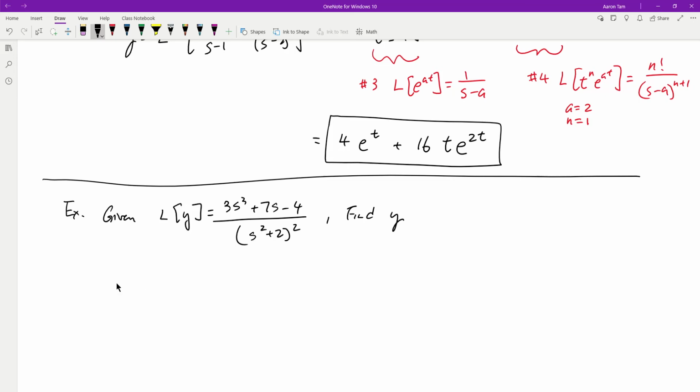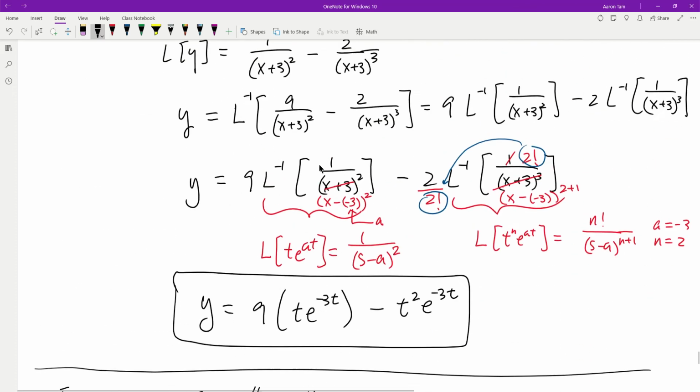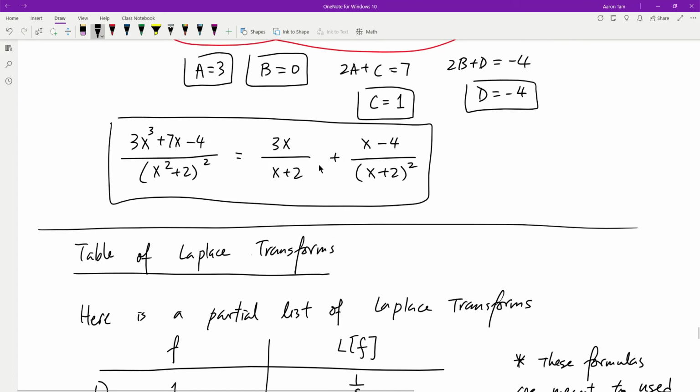So first of all, that would mean that y would equal the Laplace inverse transform of this fraction, 3s to the third plus 7s minus 4 over s squared plus 2 squared. And according to our previous example, we can actually just write this out.